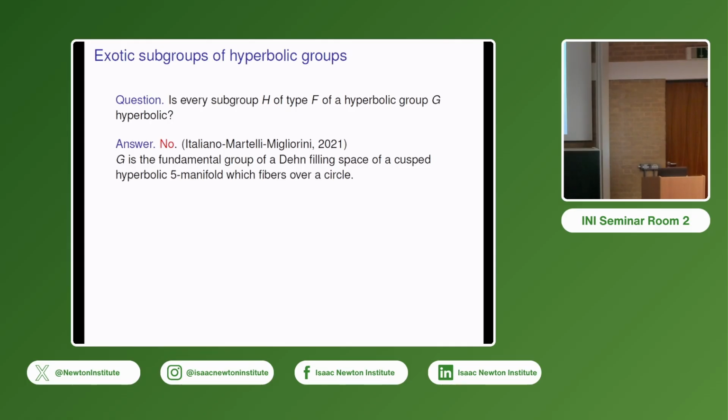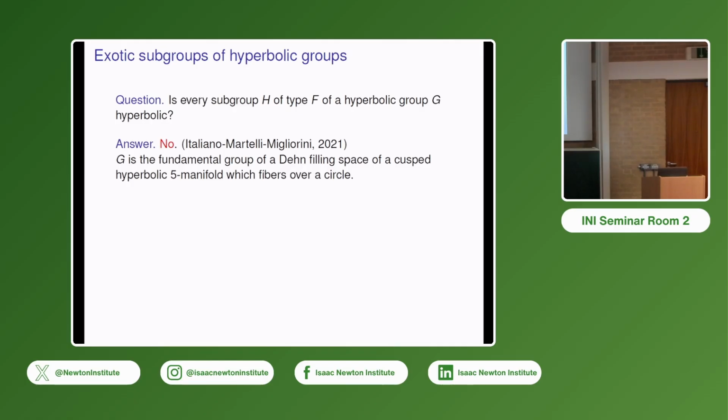If G is a fundamental group of a Dehn filling space of a cusped hyperbolic manifold which fibers over a circle, so it's a fundamental group of a four-dimensional pseudomanifold, and it's of type F, the subgroup H is of type F, but is not hyperbolic. That was their result.